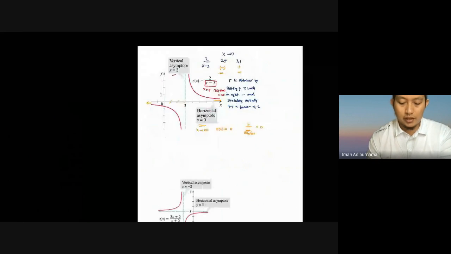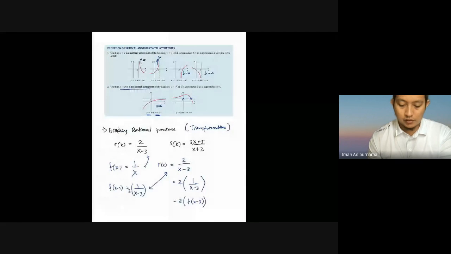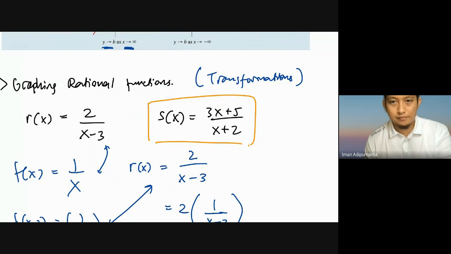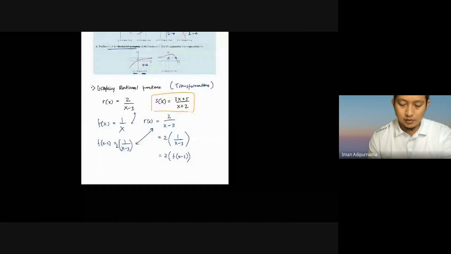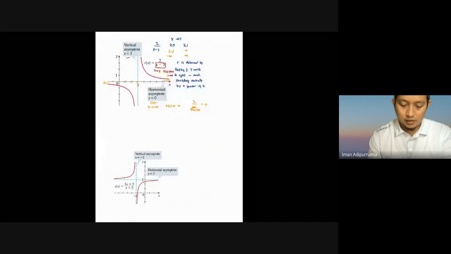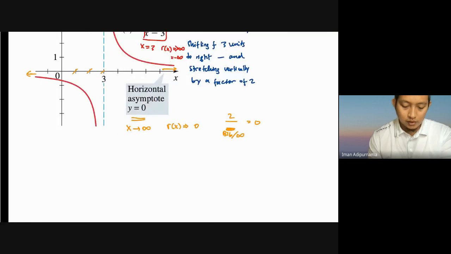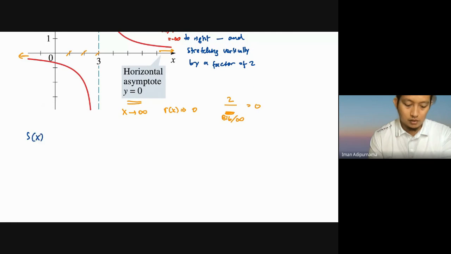Okay, we are having another question, this one here. What we can do from this S, first, let me move here and then first write the (3x plus 5) over (x plus 2).